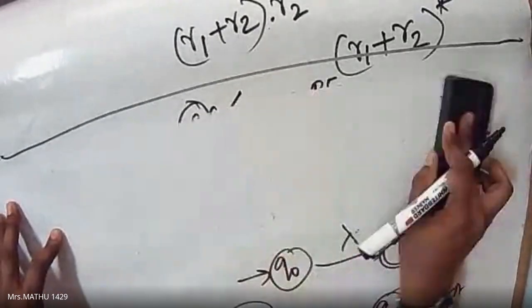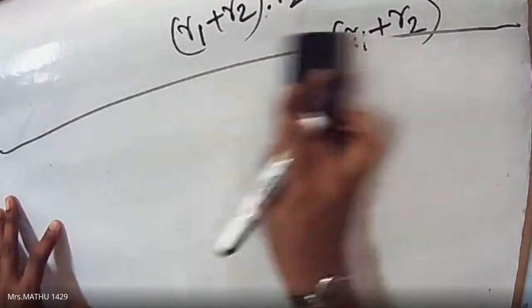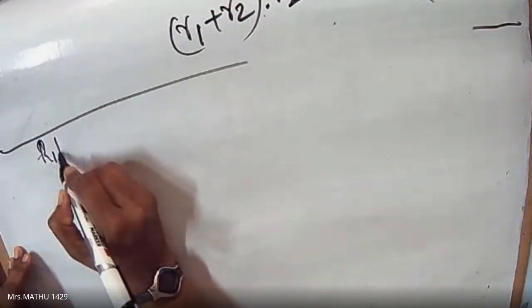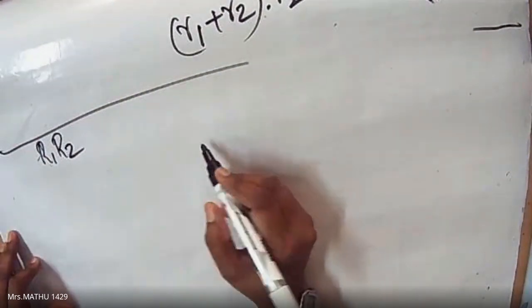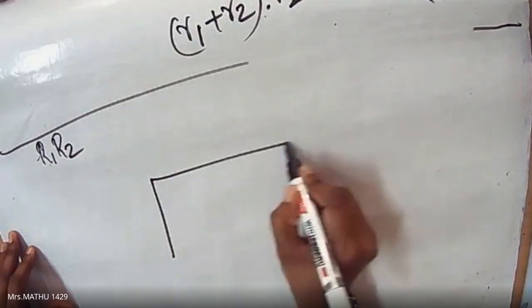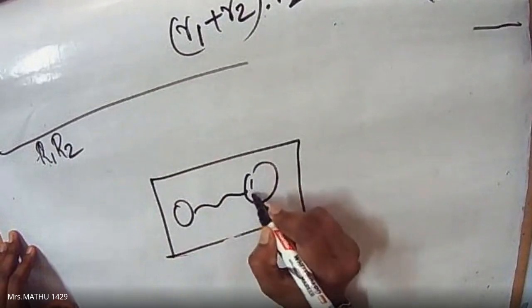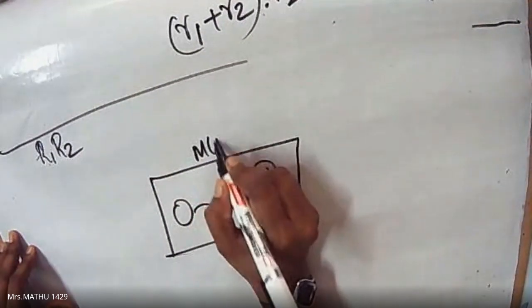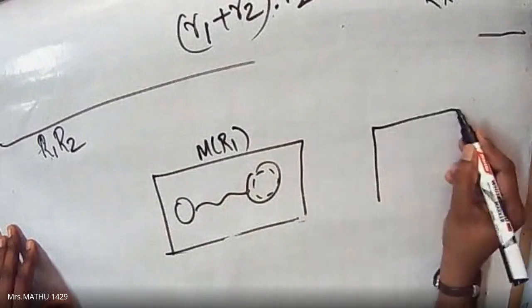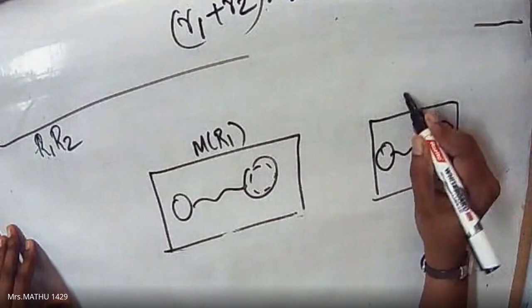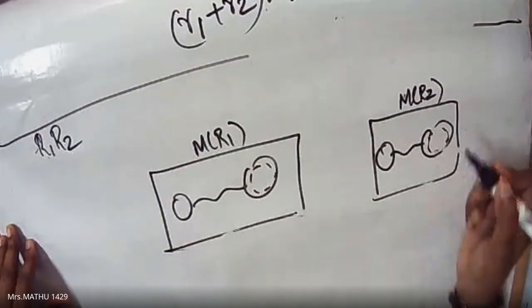And the next one is R1 into R2. Similar to here, we can have separate machines: M of R1, and a separate one for R2. Now what is given?